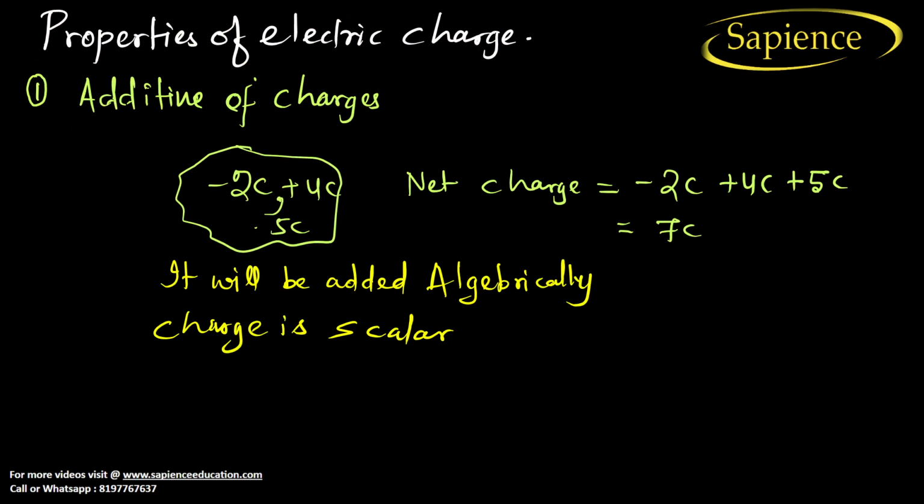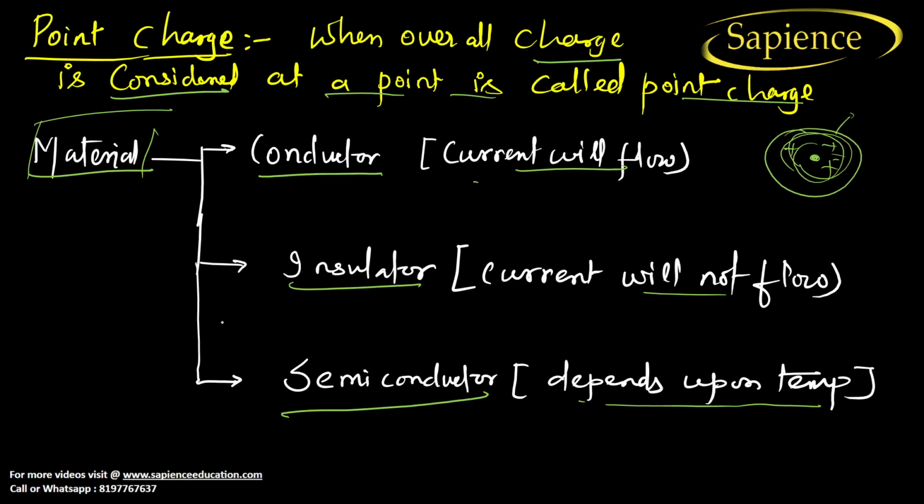Okay, so how does this happen? See, in a conductor there are free charges. But in an insulator there is no free charge.